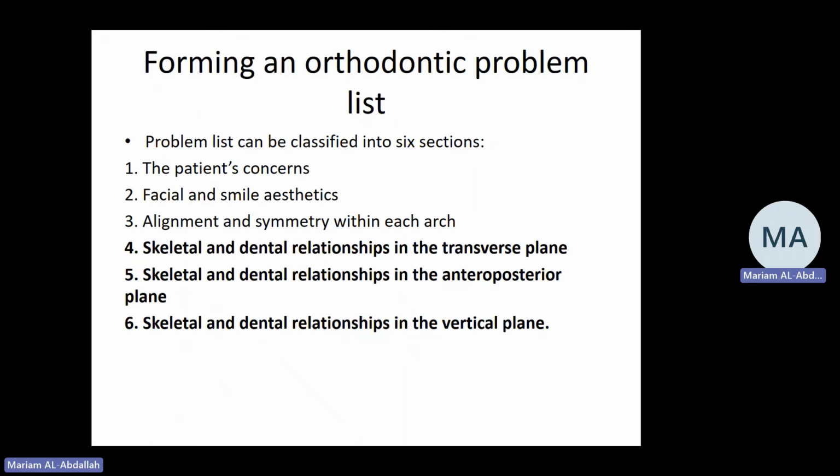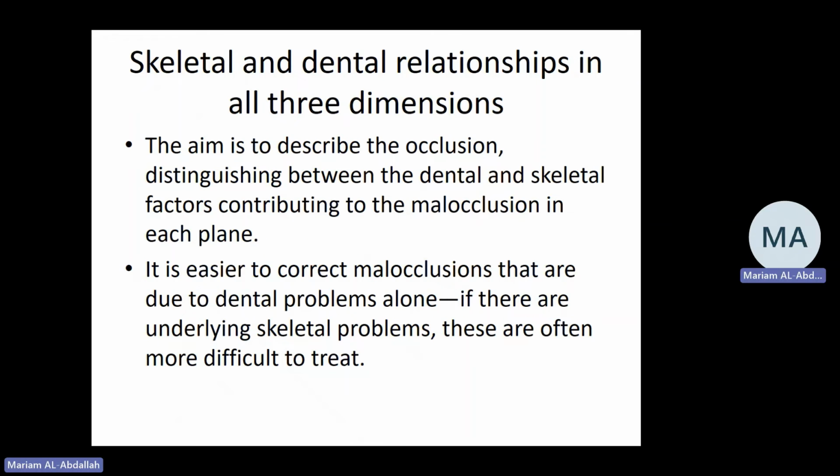Now we come to the skeletal and dental relationship in the transverse plane, in the anteroposterior plane, and in the vertical plane. The aim is to describe the occlusion and its etiology to reach a proper diagnosis. Is the problem dental only, or are there certain skeletal patterns contributing to the etiology?